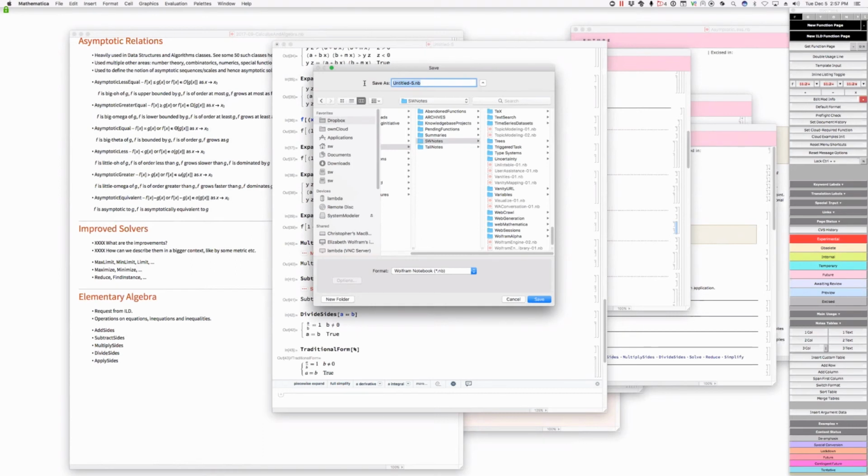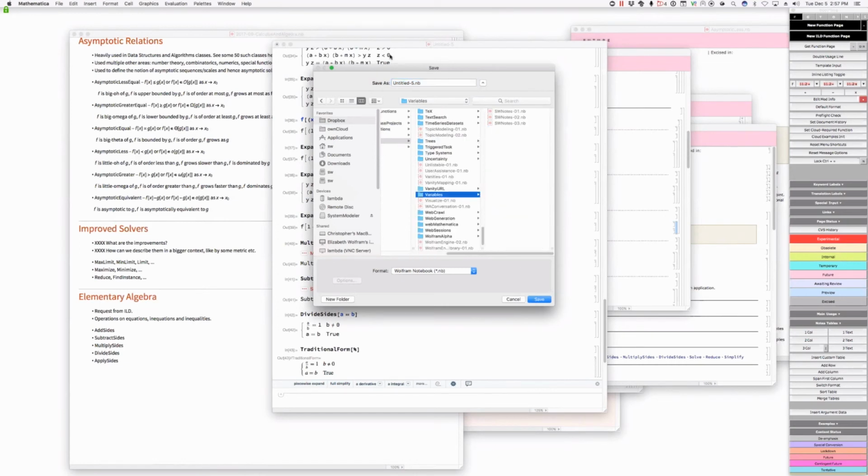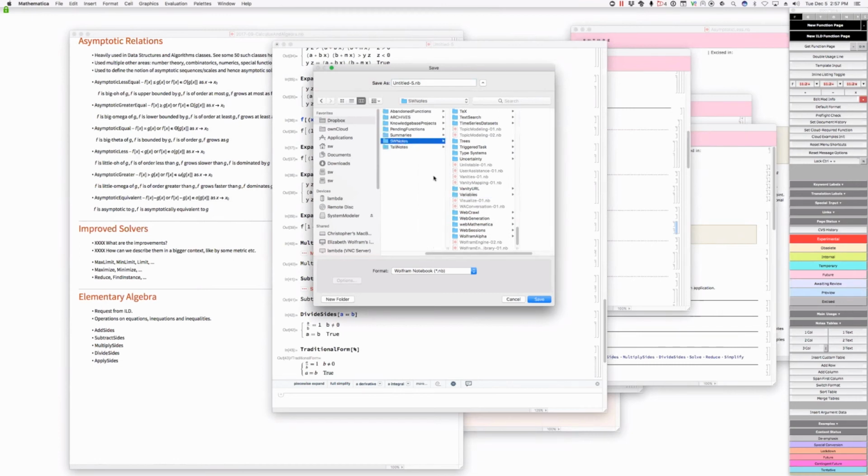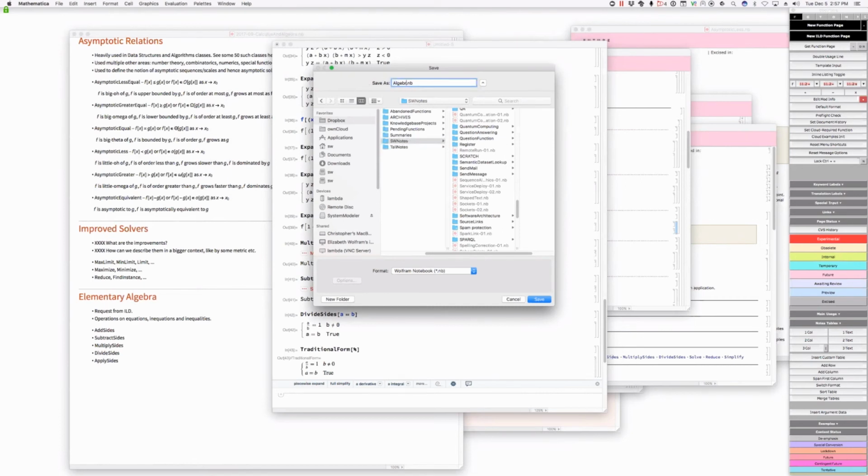Okay, then maybe under variables. No, that can't be right. Oh well, okay. I'll store it under Algebra Calculus 01, and hopefully we'll move it later.